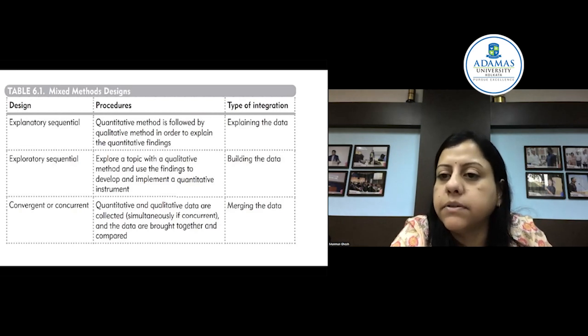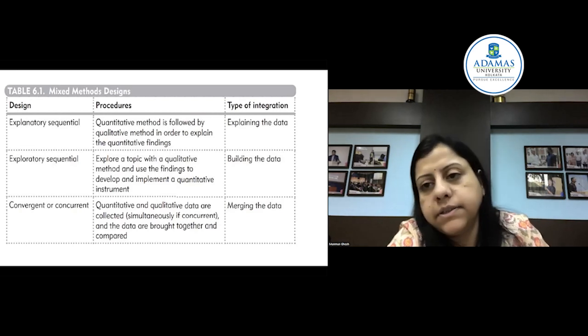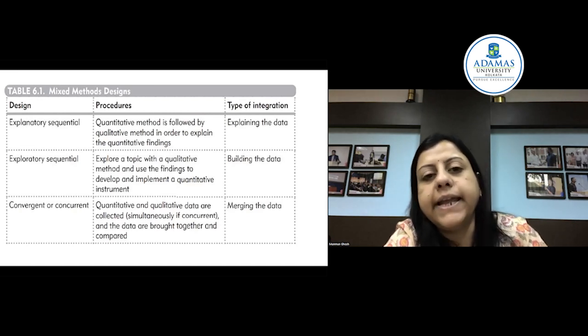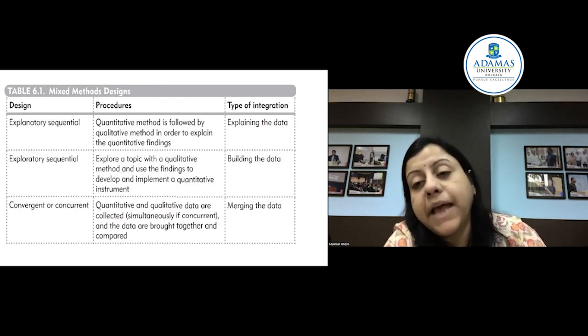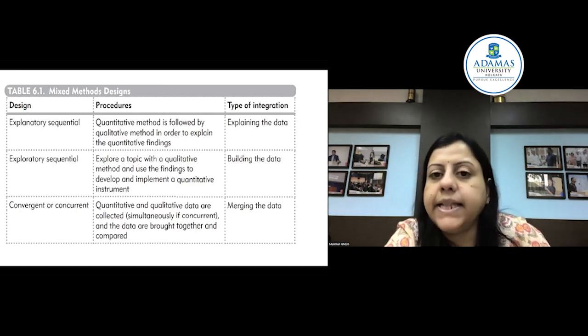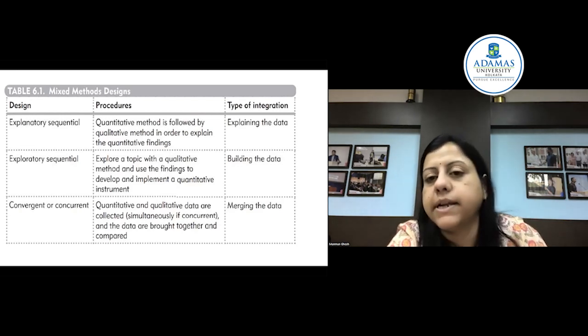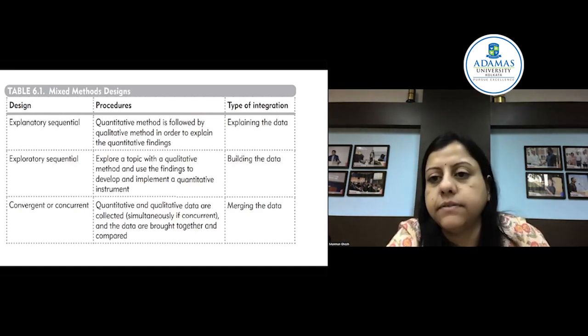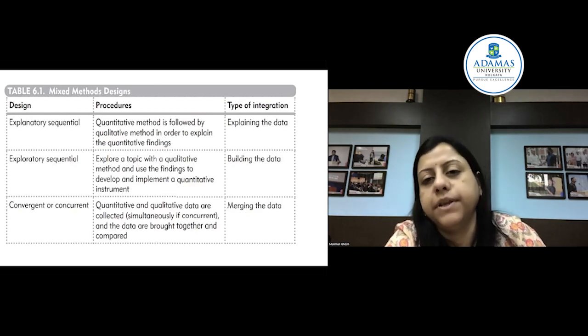Whatever they got through the survey result, whether the variables or hypotheses were significant or non-significant, from the variables they also create an in-depth interview guide or discussion guide, and then in the second stage they go ahead with qualitative research to gauge more in-depth into their study.